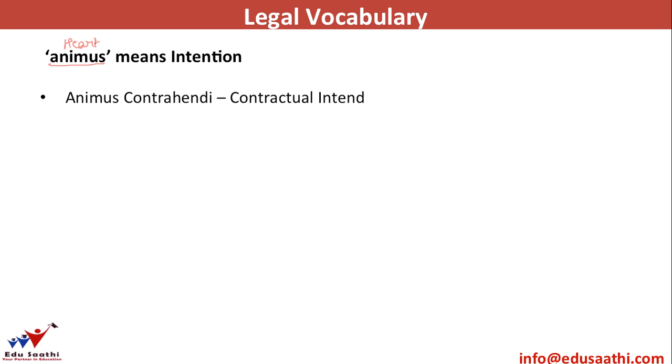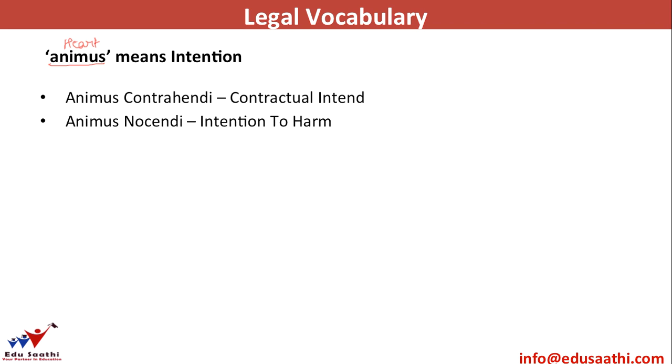It might be that there's a business proposal that, if you like, you may pass it and you may finance me. So I am there with an animus contrahendi, which is I have the contractual intentions, right?